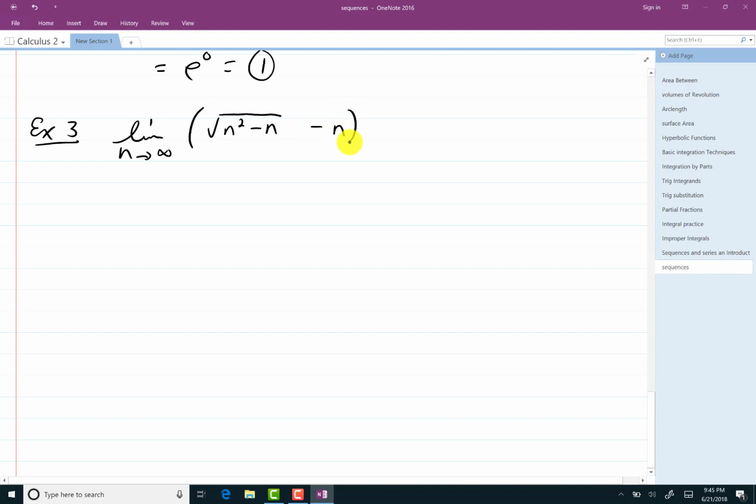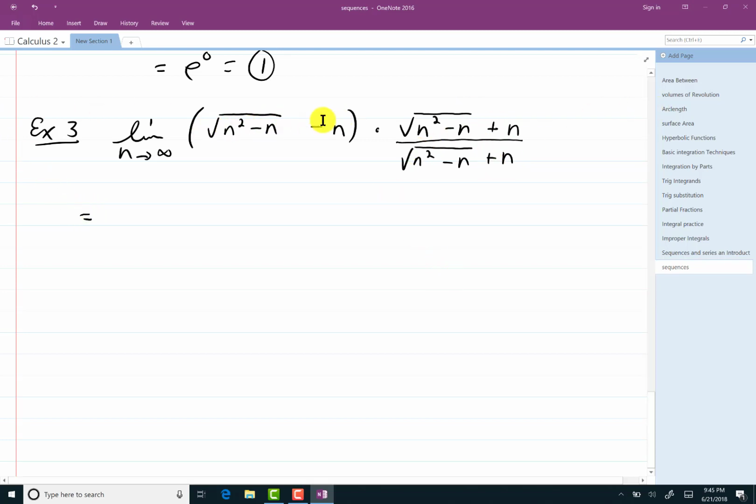And the trick that is always used on a problem like this, even if you're going to use L'Hopital at some point, is to multiply by the following fraction. It's called multiplying by the conjugate.